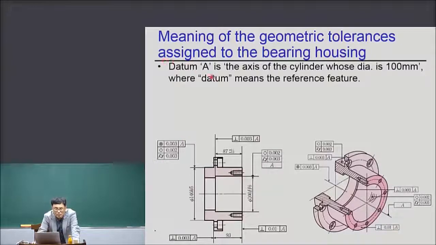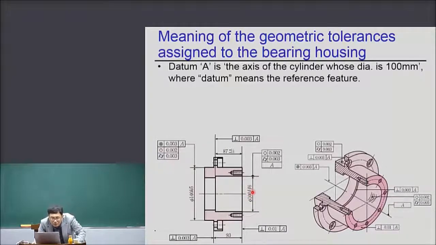Datum, one of the terminologies, is datum A. Datum A is the axis A. So now datum A indicates the feature of the axis of this cylinder. Why? Because this whole A has a line attached to the dimension line of pi 100.